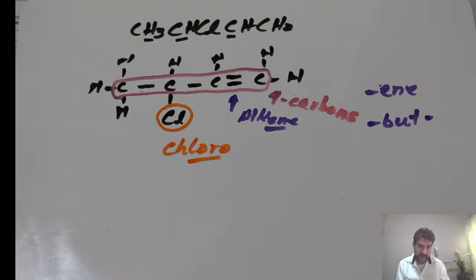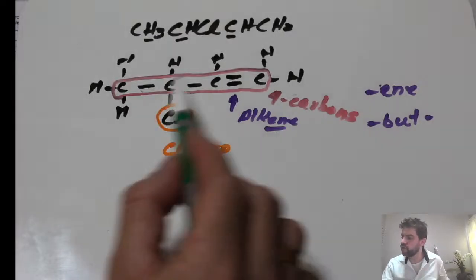What do you do then? You start counting the carbons starting from the end nearest to the functional group. In this case, the functional group is the double bond. When we count the carbon, you have 2 possibilities, left to right or right to left. If we start from the left, we have 1, 2, and 3.